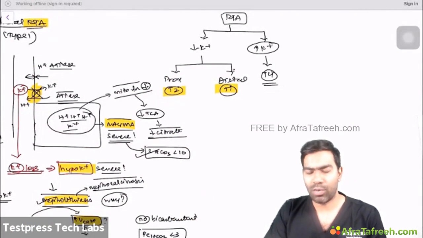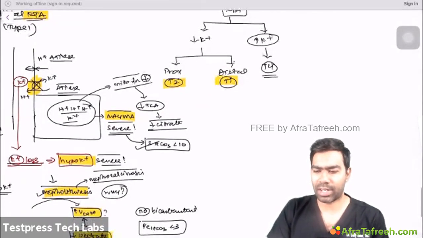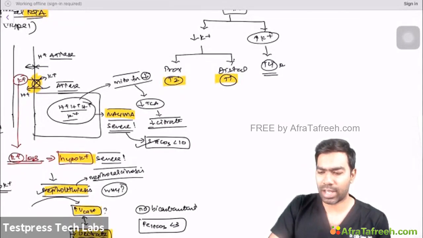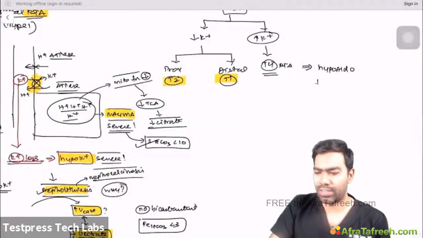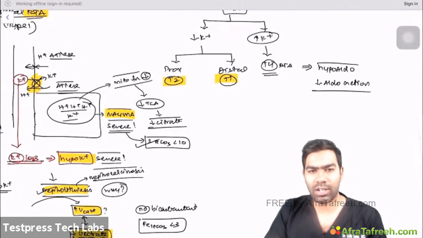So how will you tell what is the problem in this type 4 RTA, that is hyperkalemic RTA? Remember, hyperkalemic RTA typically is called type 4 RTA, and it is due to either hypoaldosteronism or defective aldosterone action. Either the aldosterone level itself is low, or there is a reduced aldosterone action.